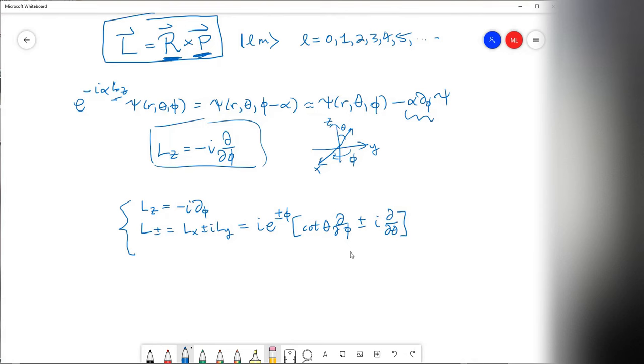And also there's L squared. That's minus 1 over sine theta, and so on.